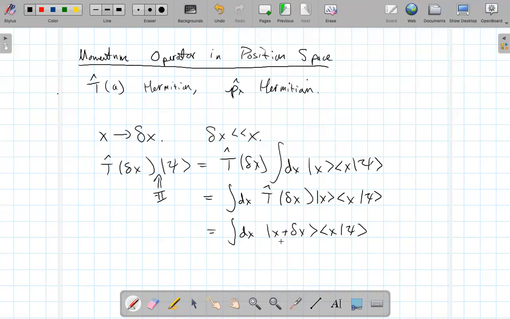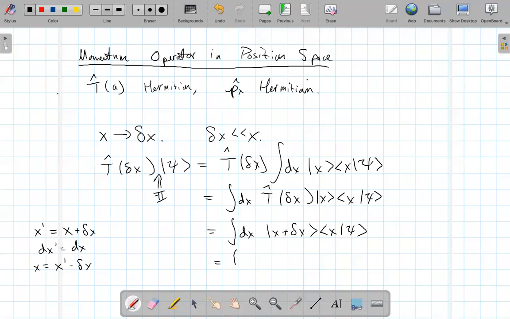Now from here, though, we want to transfer this delta x onto the other part so we can see what actually happens to the wave function itself. So let's define a new parameter x prime, which is equal to x plus delta x, which means dx prime is simply equal to dx, so that x is equal to x prime minus delta x.